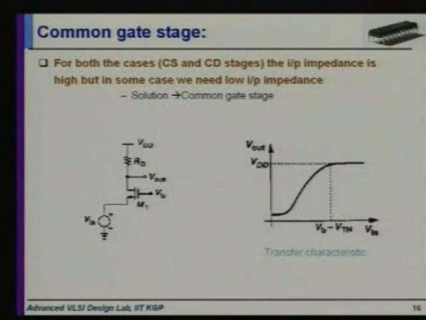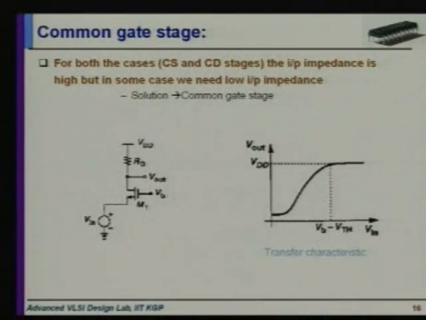So I am going to the common gate stage. What is the common gate stage? For both the common source and the common drain cases, we feed the input voltage to the gate, where the input impedance is very high, that is, in the small signal case it is infinite. But whenever it is necessary from the specification point of view that the input impedance be low, then we have to use this type of common gate stage, where we introduce the input voltage at the source region.